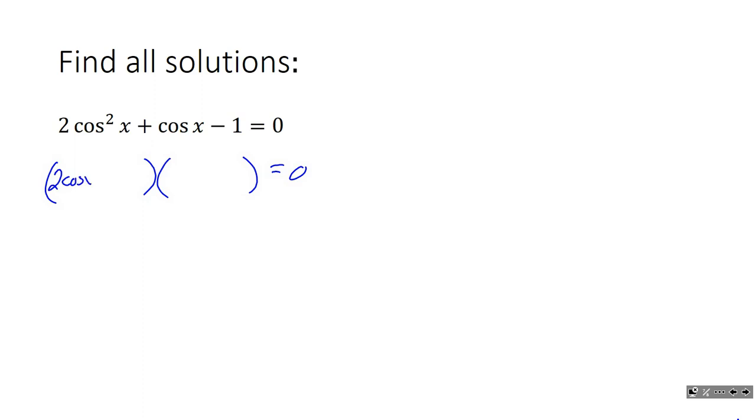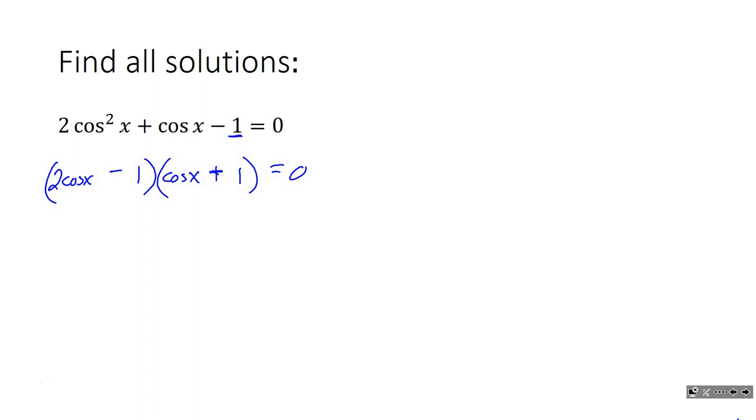So it could be 2 cosine, and the other one would just be cosine to get the cosine squared. Now, to get that last term of -1, well, 1 times 1 would give 1. One of these would have to be a negative. Well, this is called trial and error. Let's try putting the negative first, the positive second, and if it doesn't work, we can go and erase those.